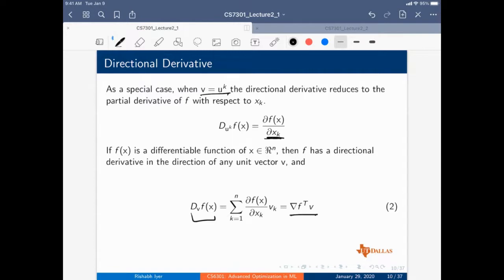This is the main relationship of directional derivatives that we'll be using, and it becomes useful particularly in optimization problems, because sometimes we want to take a descent direction not necessarily in the gradient direction, but in a slightly different direction. So we can use this notion of directional derivatives there.